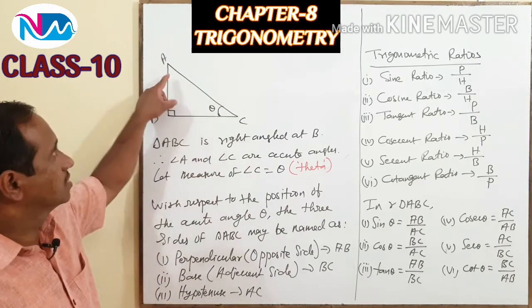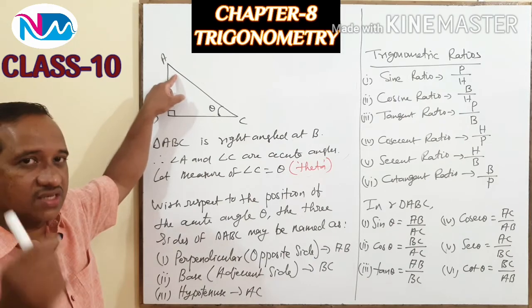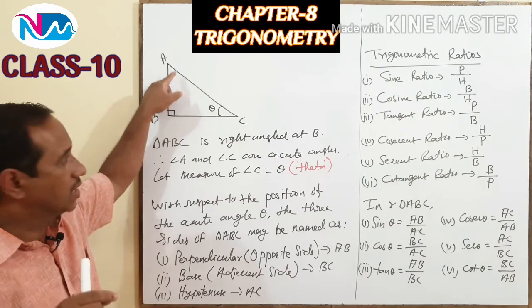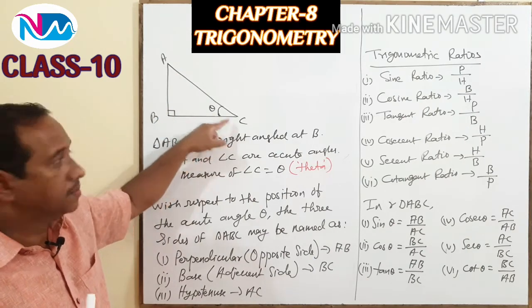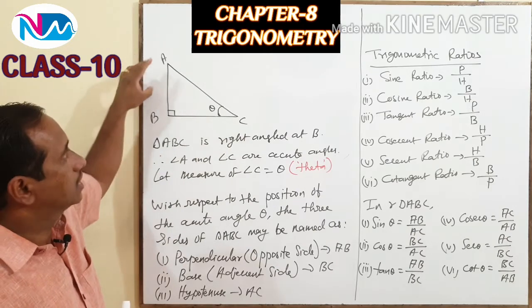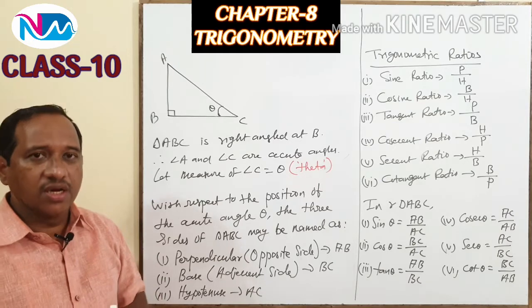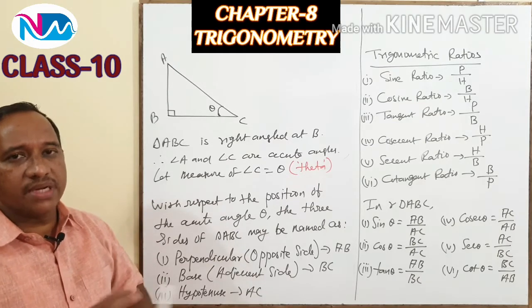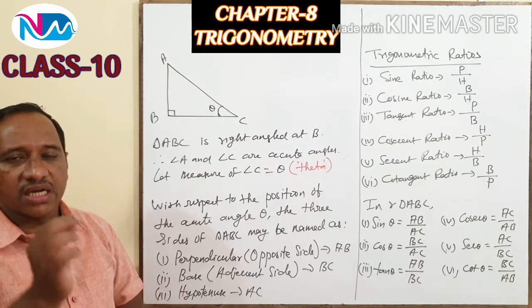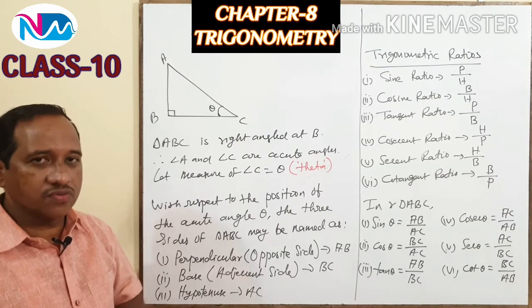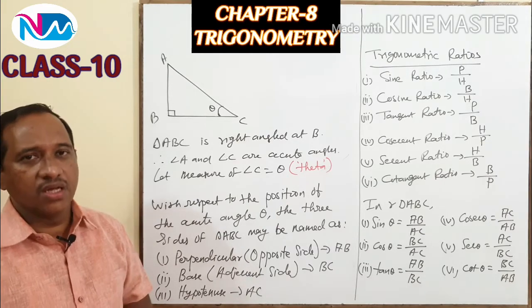But if you consider angle A, which is an acute angle, the perpendicular will be BC, base will be AB, and hypotenuse will be AC. Hypotenuse will never change, only the base and perpendicular may interchange. That is with respect to the position of the acute angle.